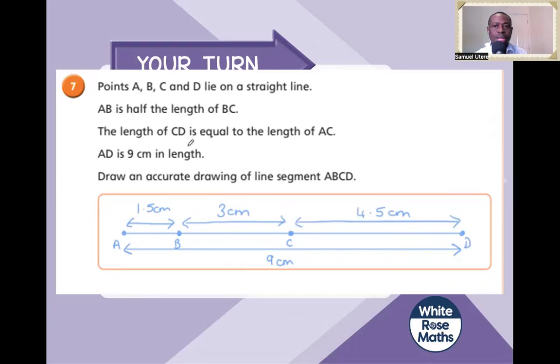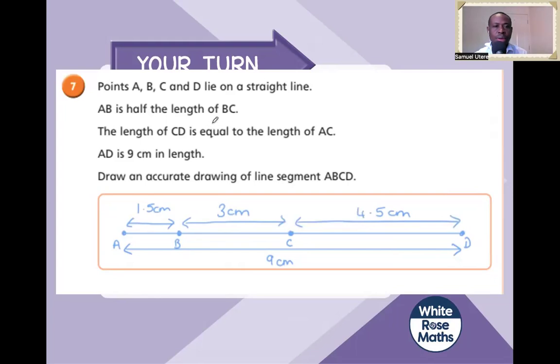And then we start to pick different parts of the question to answer it. We say AB is half the length of BC. So AB would have to be half the length of BC. So we know AD is 9 centimeter, and AB is half of BC.